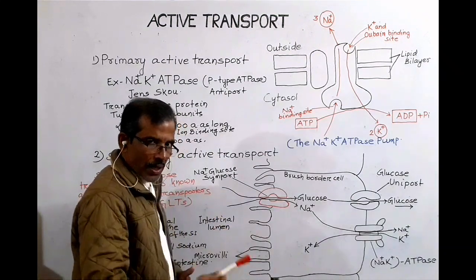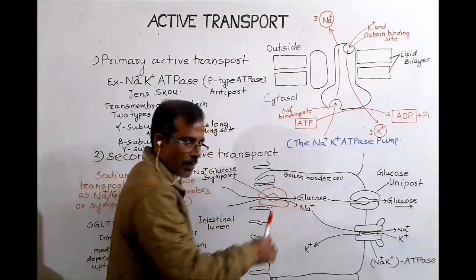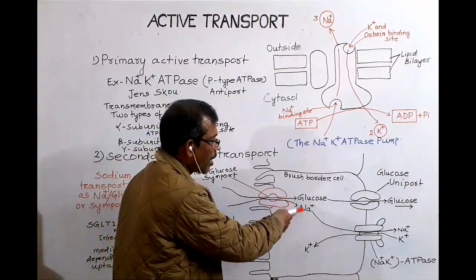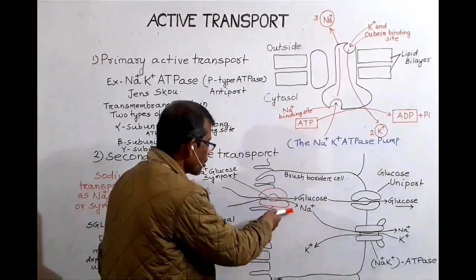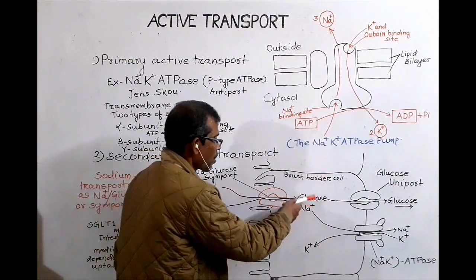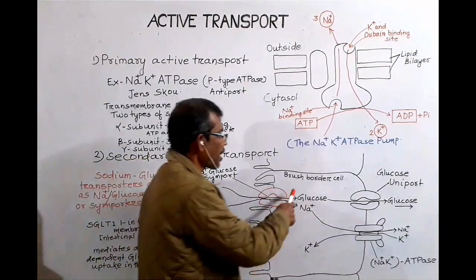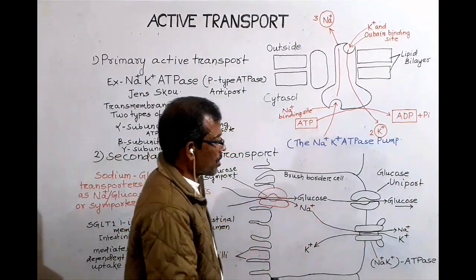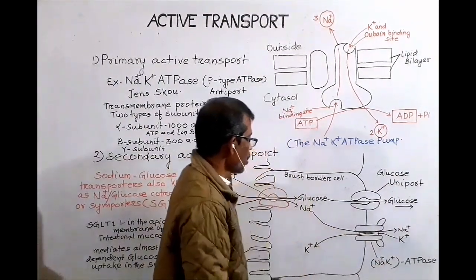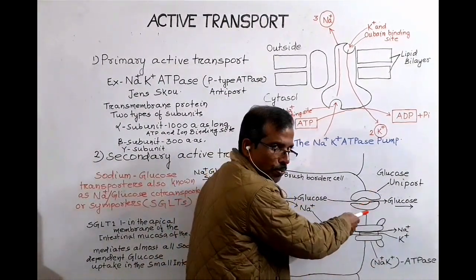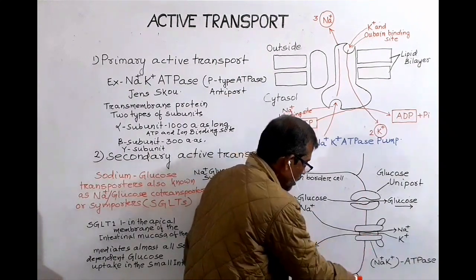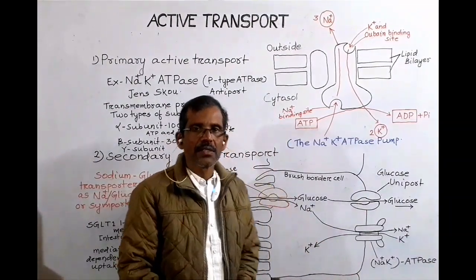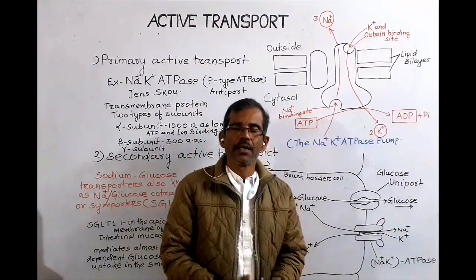Due to the presence of this inward sodium gradient, when sodium ions are transported into the epithelial cell, along with sodium ions, glucose molecules are also transported into the brush border cell, from which glucose molecules can be transported into the blood circulation through a glucose uniport system, which is present in the basolateral membrane of the brush border cell. So friends, this is about primary and secondary active transport.